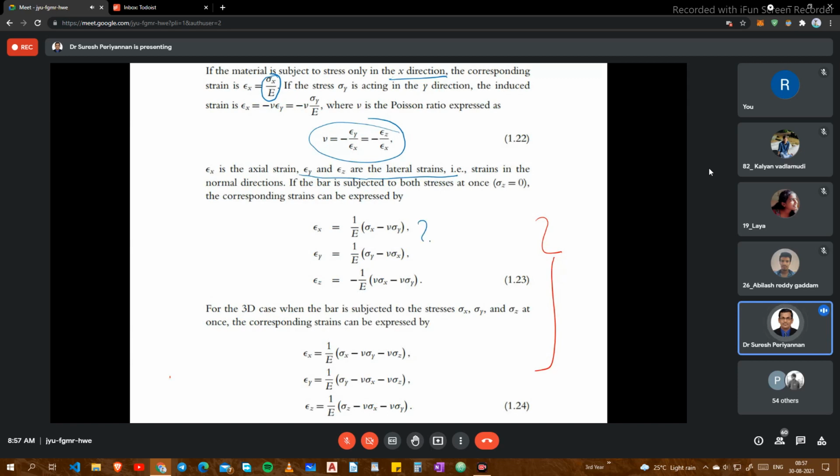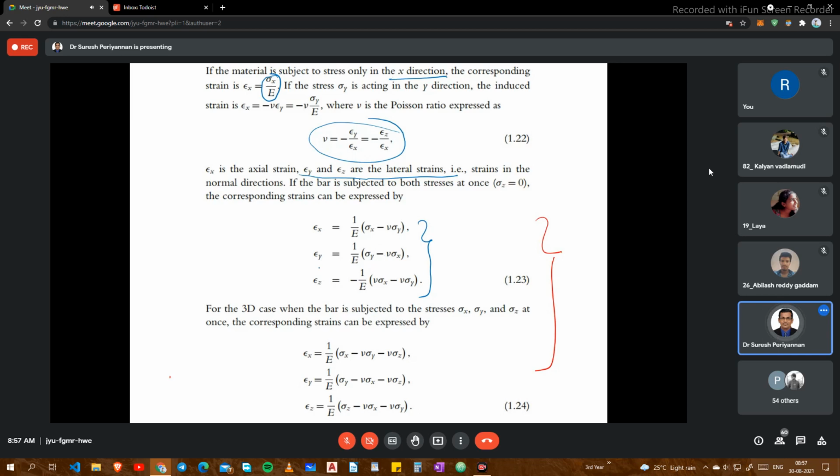I would like to write the equation in a two-dimensional way. In that sense, I can consider, for example, the earlier case: sigma x minus mu into sigma y minus mu into sigma z. Sigma z I am considering 0 in the two-dimensional case. Avoiding the stress component in any one direction, I am considering that. Okay.